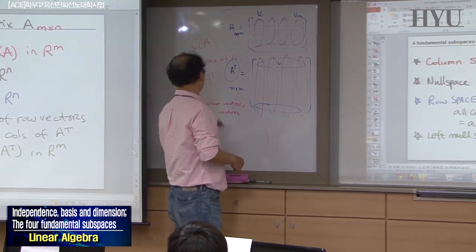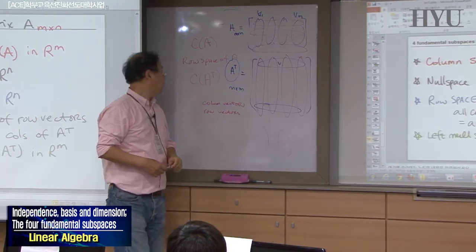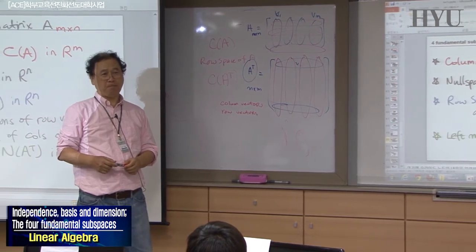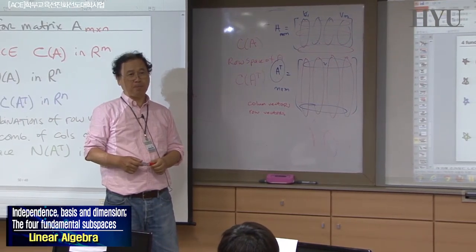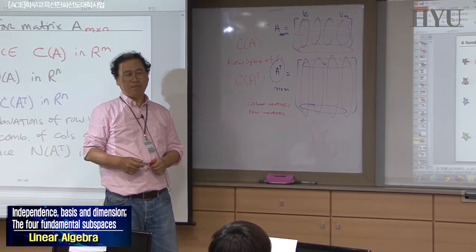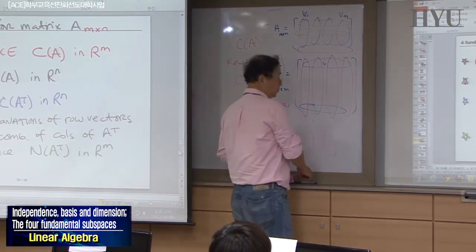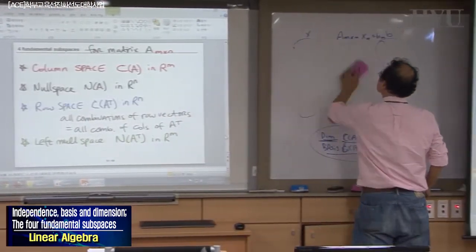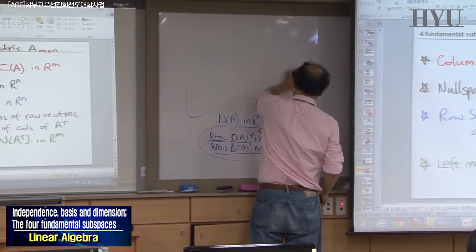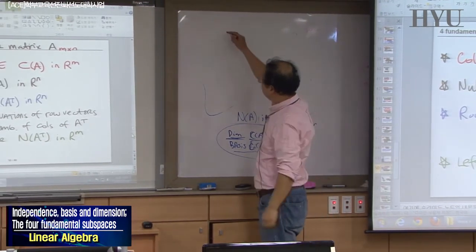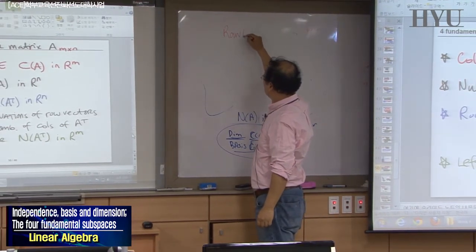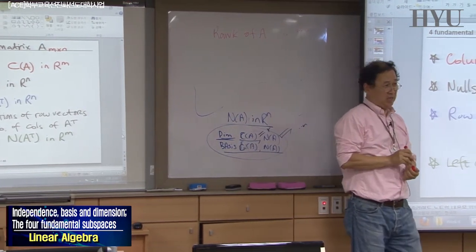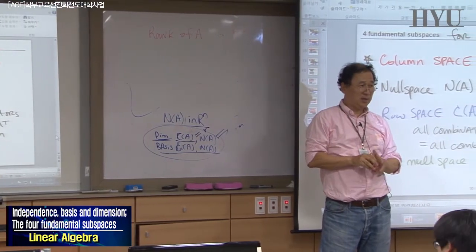Then what's the dimension of the column space of A transpose? We defined rank of A. What's the definition of rank of A? The number of pivot variables.